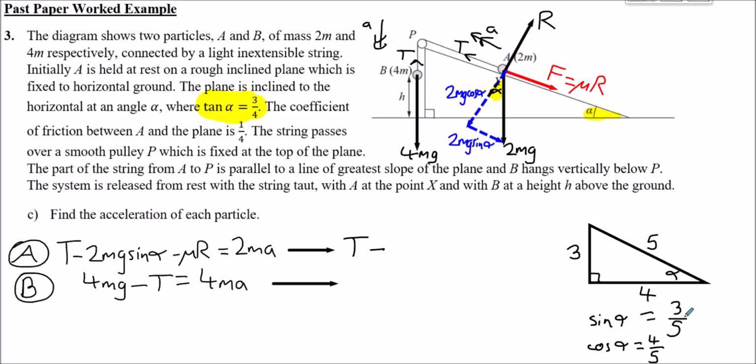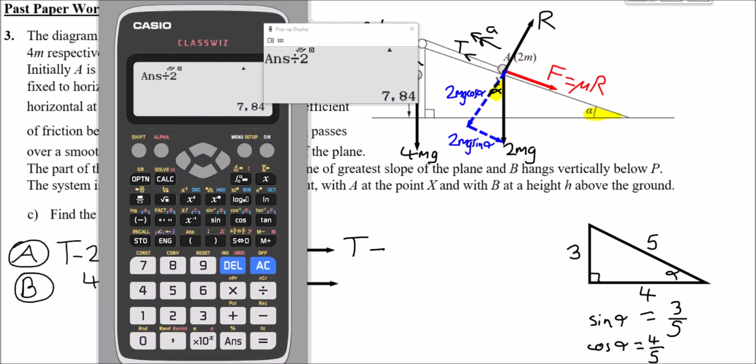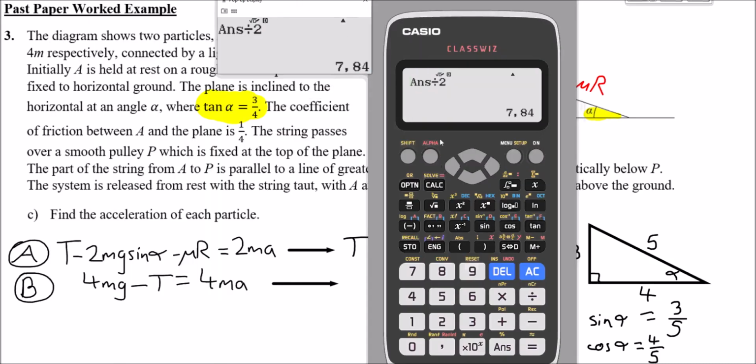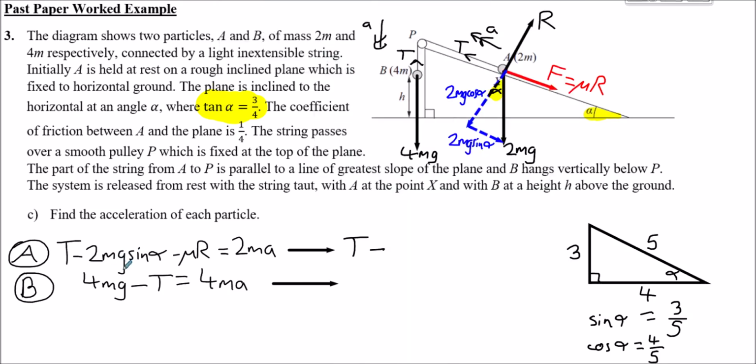Sine alpha is 3/5, and g is 9.8, so 2mg sine alpha. If anything we don't know here is m, so we can do 2 times g, which is 9.8, times sine alpha, which is 3/5. That gives us 11.76. So this thing here is the same as 11.76m.